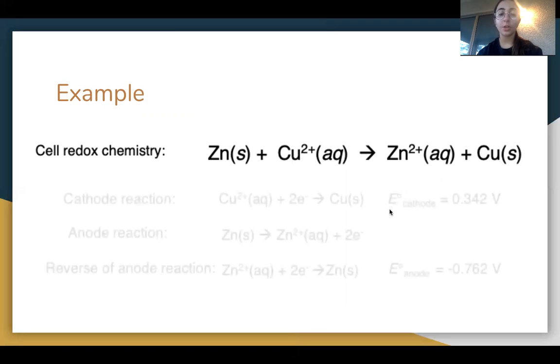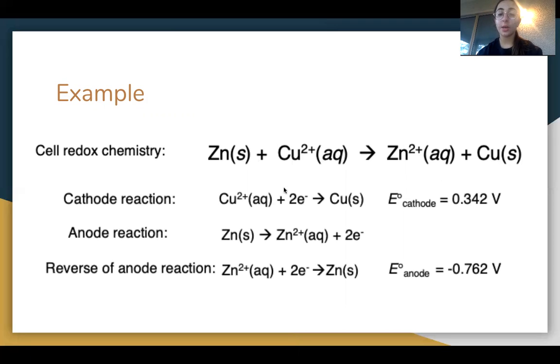So based on our definitions, the copper is the cathode, it gained electrons, and zinc is the anode, because it lost electrons. In order to make this fit the equation, we have to reverse the anode reaction and have the ions on the left side and the electrons on the right side.